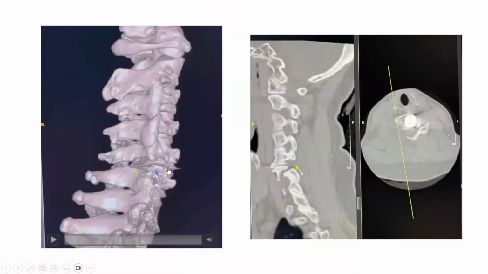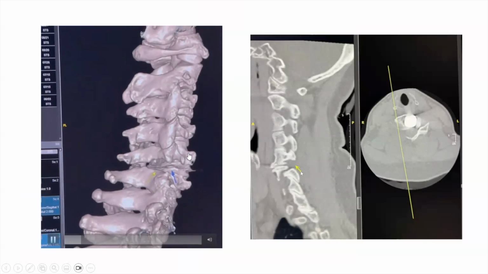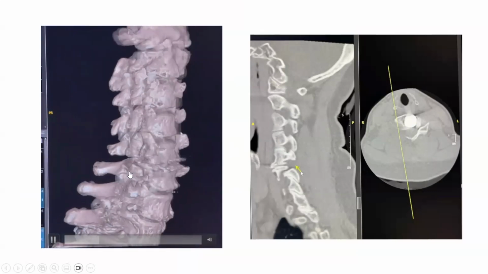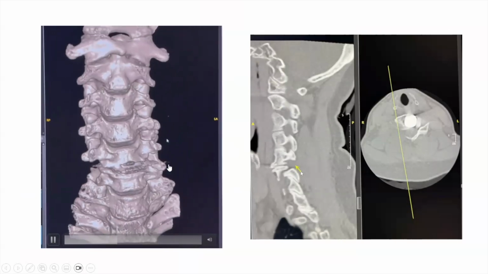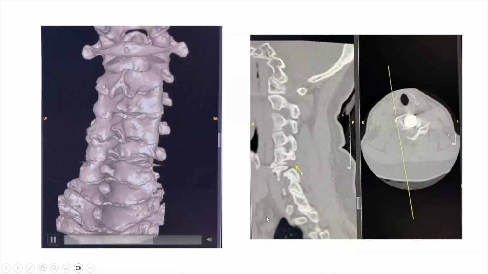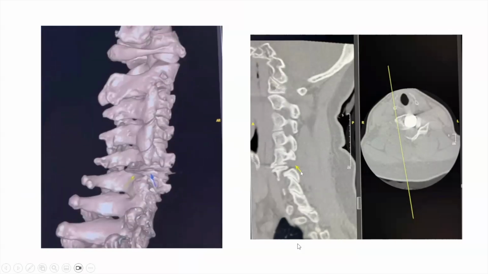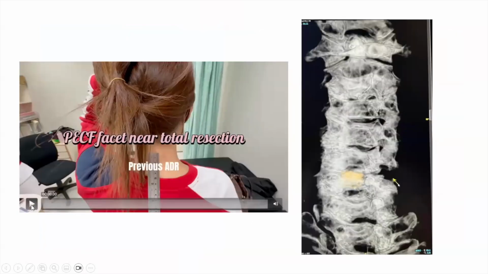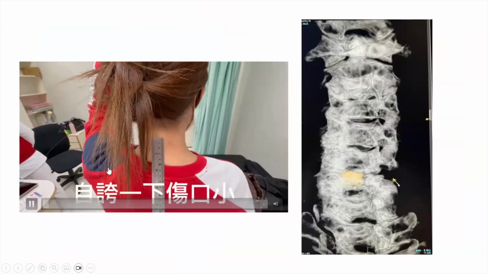And this patient, she had a previous ADR, but the facet joint is fused. So I resected almost 100% of the facet joint, as you can see here. Almost all the facet joint was decompressed. Let's see the patient. I checked her stability.